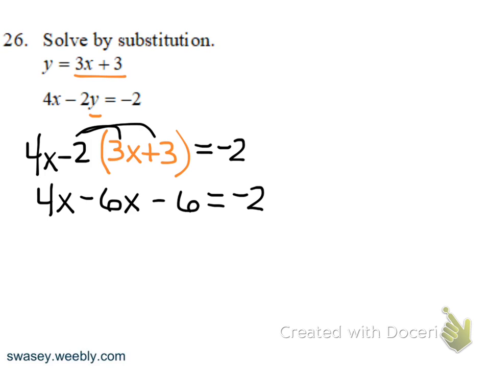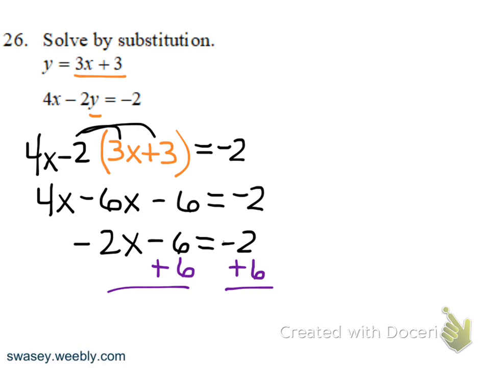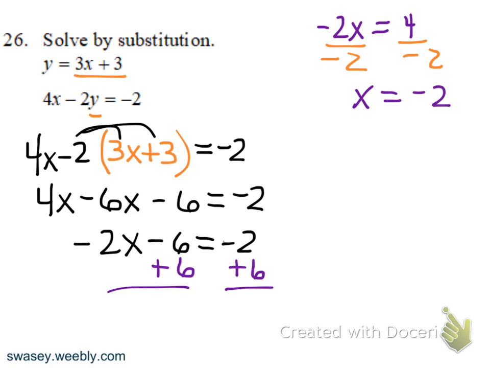Combine those like terms. We get -2x minus 6 equals -2. To get rid of the -6, we'll add 6 to each side. And so we have -2x equal to 4. Divide both sides by -2. And so x is -2.